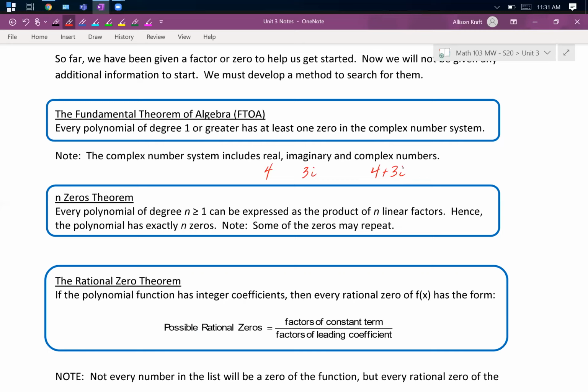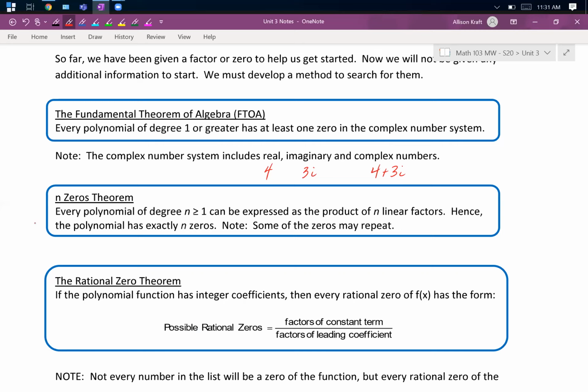So we've kind of used this, like I said. With a linear equation, you know you get one solution. With a quadratic equation, you get 2 solutions. With a cubic, you get 3. So whatever the exponent is, that's how many answers we should get. We were using the n zeros theorem when we were doing that kind of stuff in previous math courses.